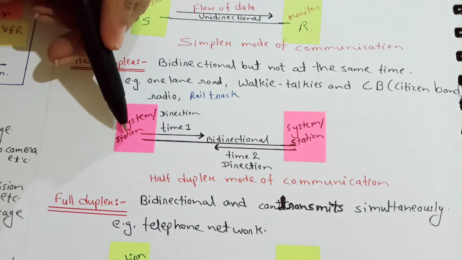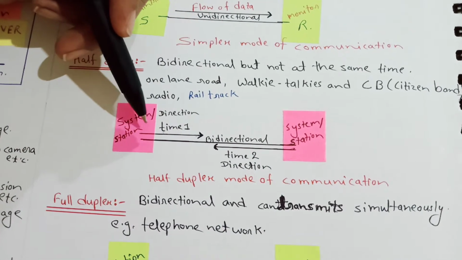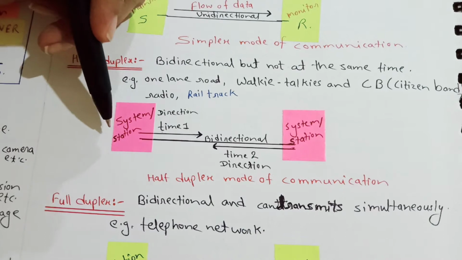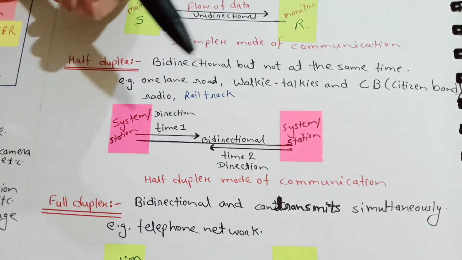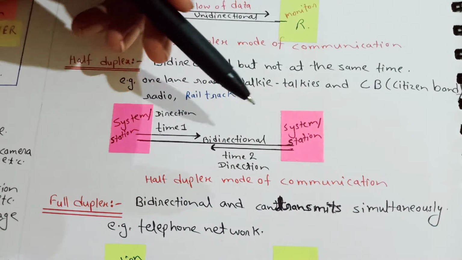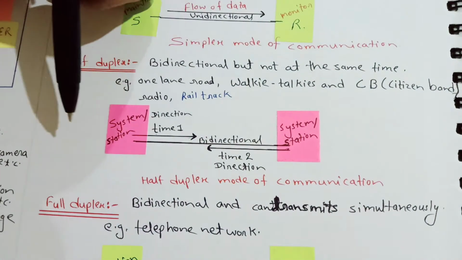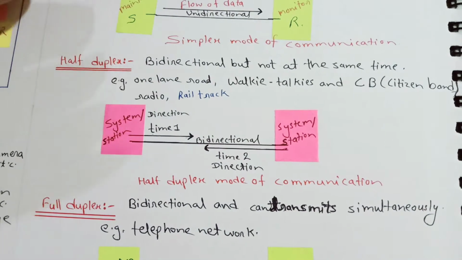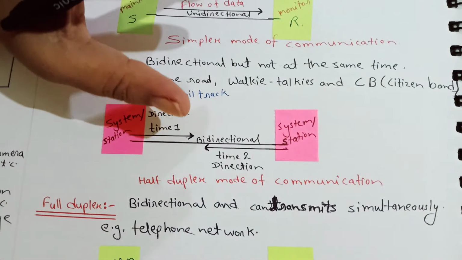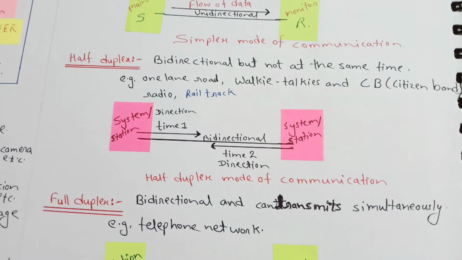At one time, only one directional flow is going to send the data, and after over, the other direction is started. Okay, at a time only one direction communication is possible.